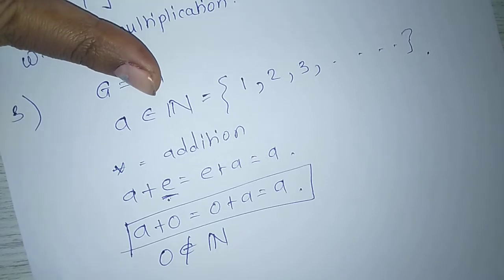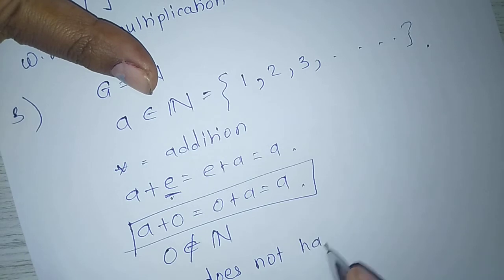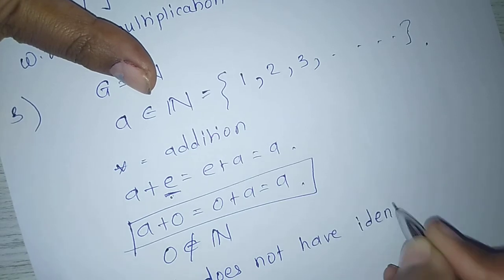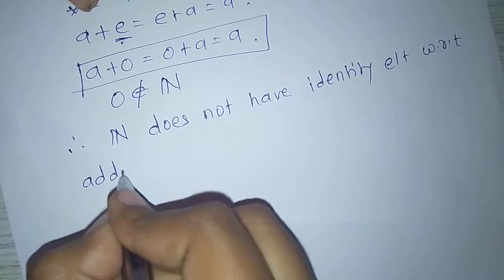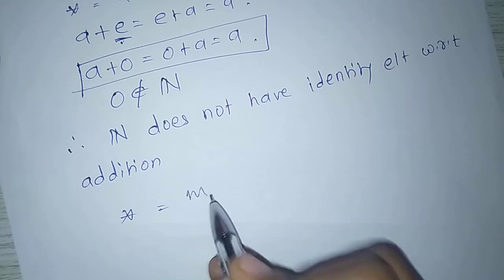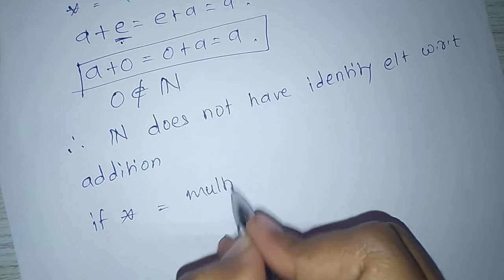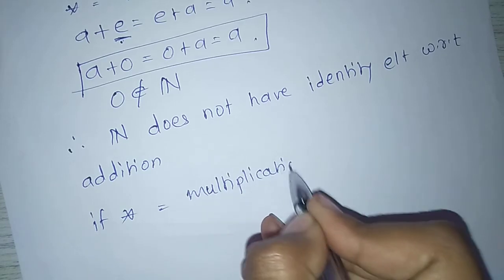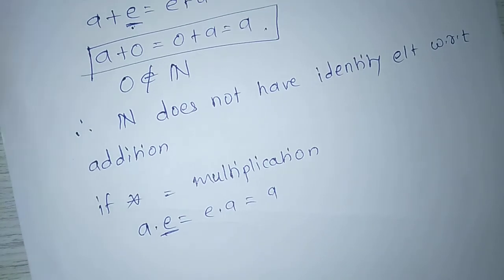Natural numbers do not have an identity element with respect to addition. But if the binary operation star is multiplication, meaning a into E equal to E into a equal to a, then we say that E is the multiplicative identity of natural numbers.